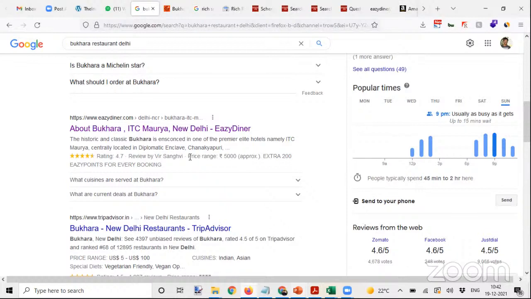So Easy Diner is a restaurant reservation platform, and when you book a hotel table, they also give you something extra. Sometimes it can be 20% off on the food, or sometimes if they are very popular restaurants and not able to give a great deal, then they will offer their own easy points. So we included that in the price range schema.